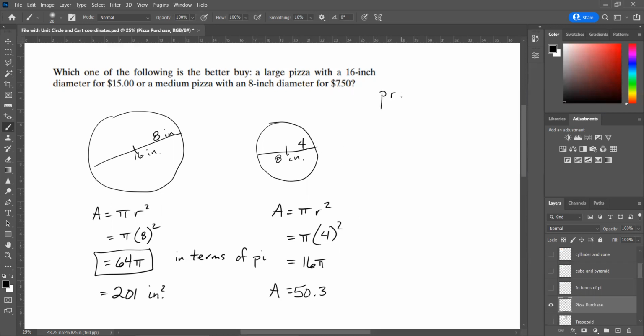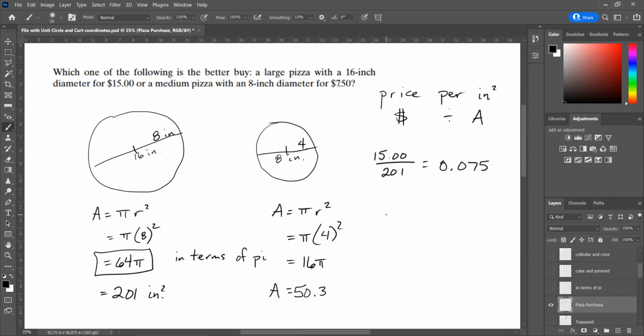Think about those words. Per means divide, so I'm going to divide the price by the area. So for the first one, we have $15 divided by 201. That gives me 0.075, which is 7.5 cents.